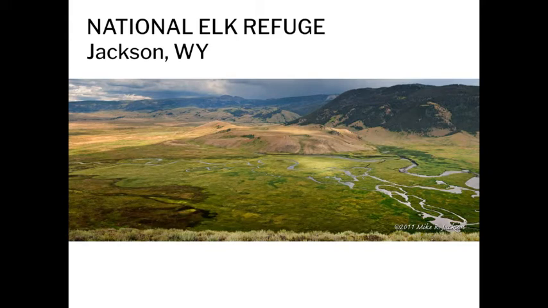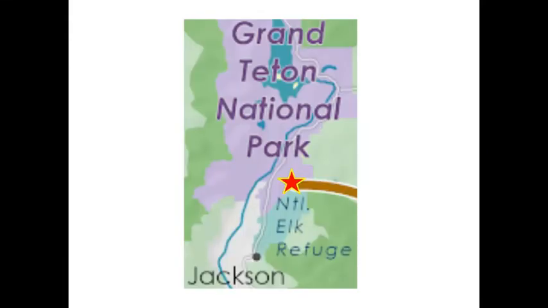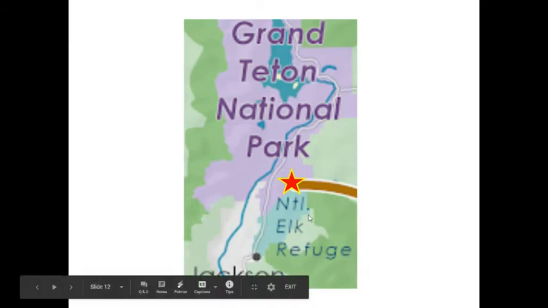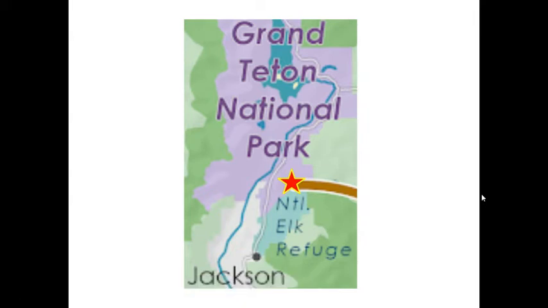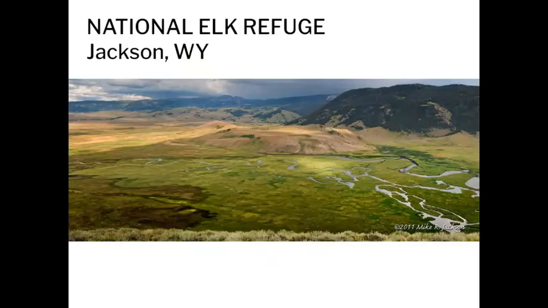The problem is that that's where people moved as well. Over here, you can see Jackson is right up next to where that elk refuge is. About 100 years ago, that area was one of the last places where people could get free land out in the West.